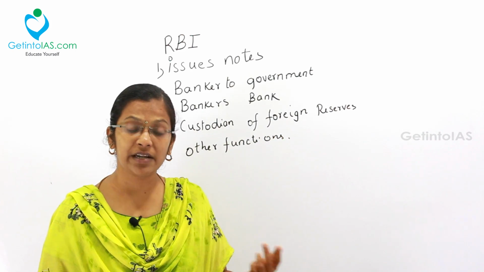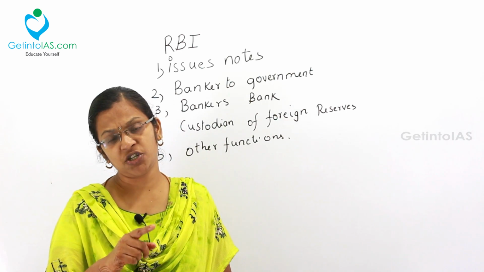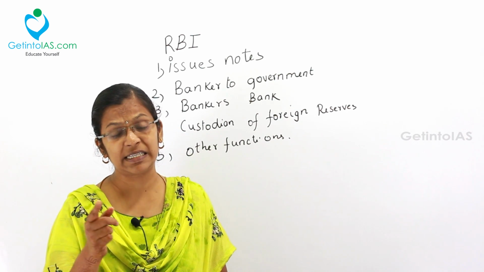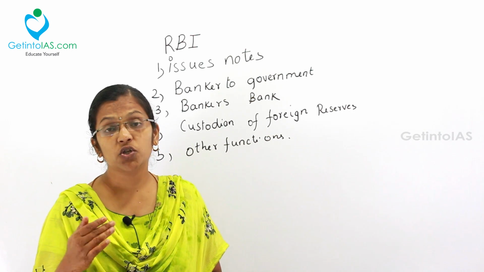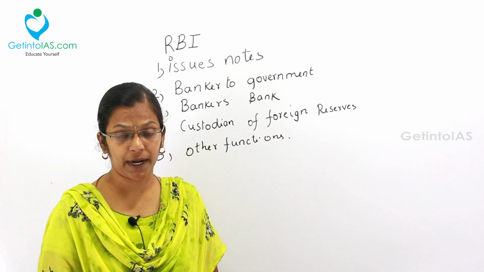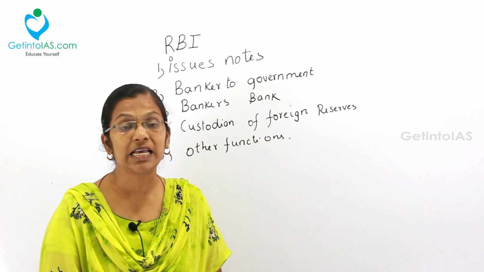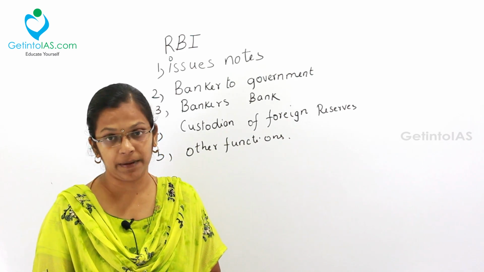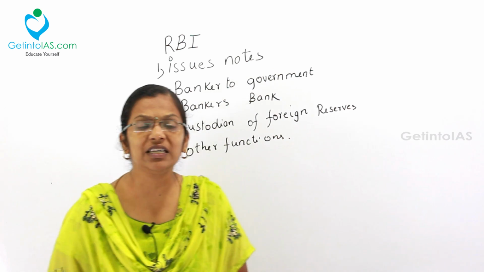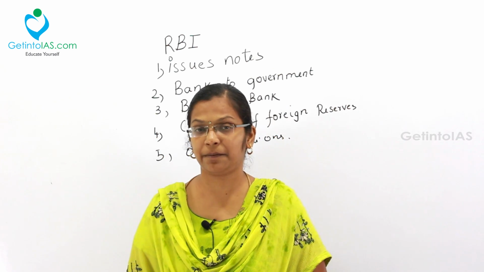Then it also takes care of, as I told you initially, buying and selling of securities by the government, right? So it has a public debt, and the buying and selling of government securities is done by RBI. Okay, so these are some of the functions of RBI.